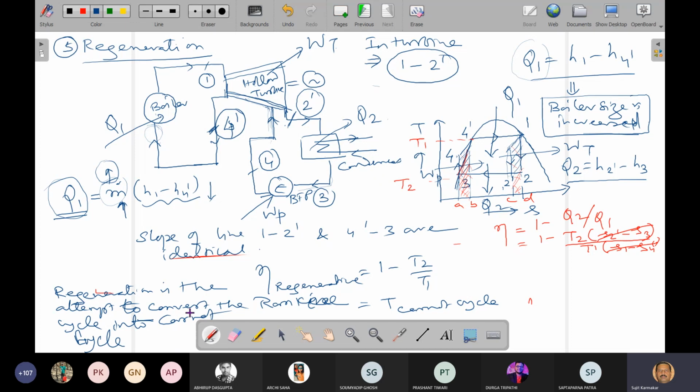So regeneration, I am repeating, is the attempt to convert the Rankine cycle into the Carnot cycle. Okay, so please note it down. This point is very important.